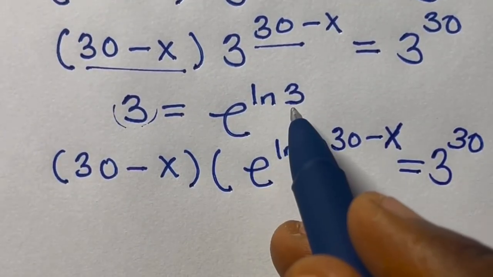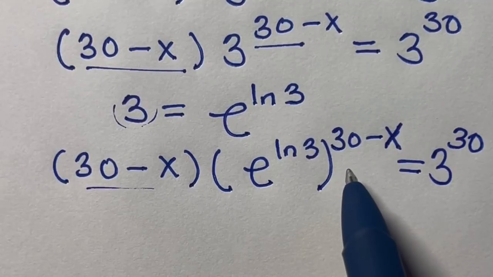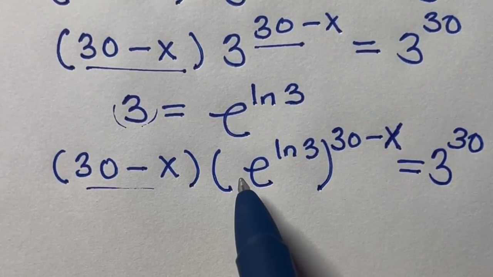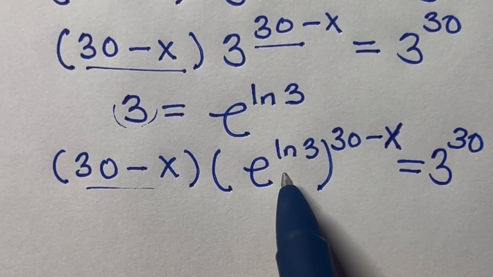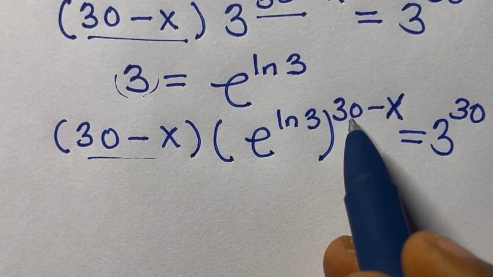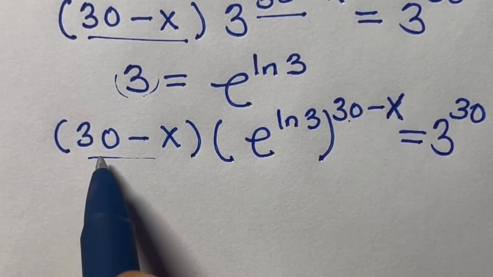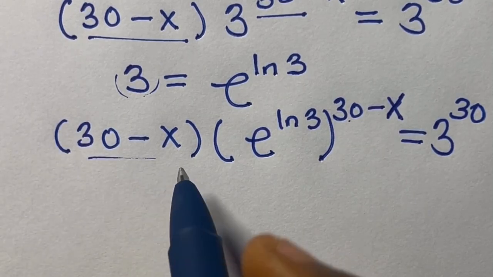But don't forget that we want to make the base and the power the same. Therefore, we need to multiply both sides by ln 3. Do you understand? This is ln 30 minus x. Well, this one we only have 30 minus x, so we have to multiply this by ln 3 as well.